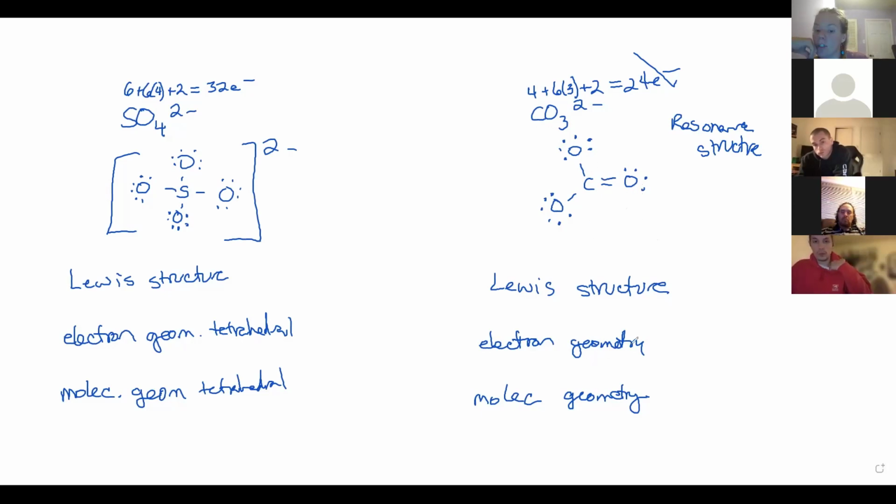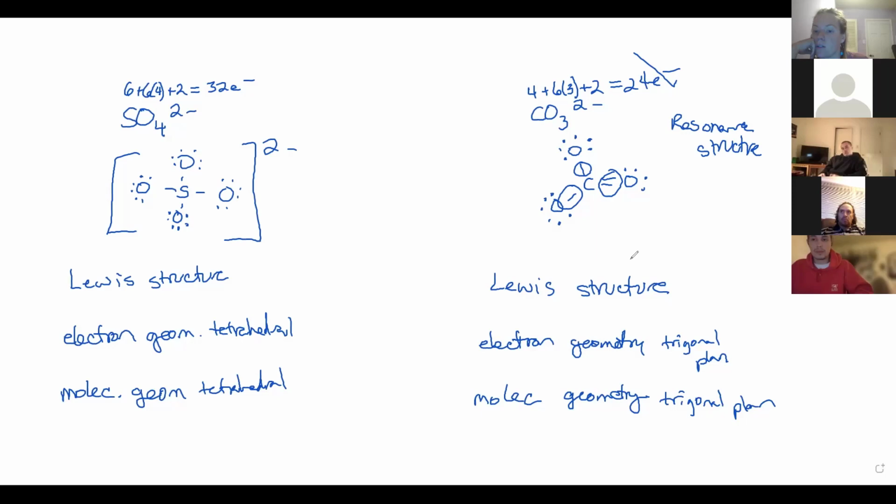The electron geometry. Well, how many electron groups do I have around the central atom? 1, 2, 3. 3 electron groups, trigonal planar. Think about your pizza cut into 3 slices. I don't have any lone pairs on the central atom, so my molecular geometry is also going to be trigonal planar.